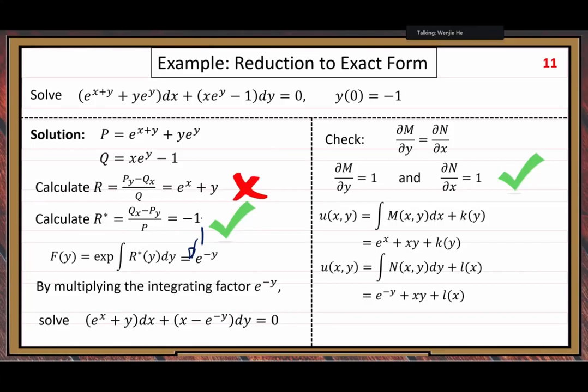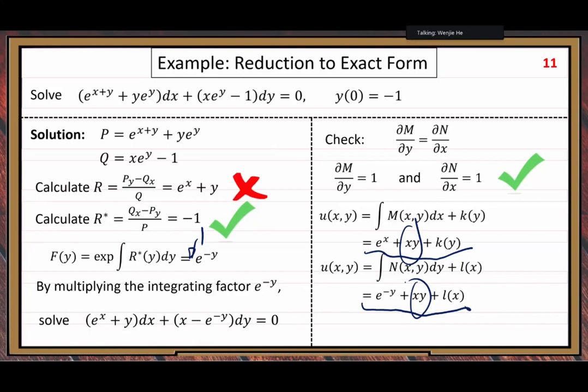Then let's use our simplified method. We want to write the final u function form directly from these two forms. Common terms, right? We keep the common terms.